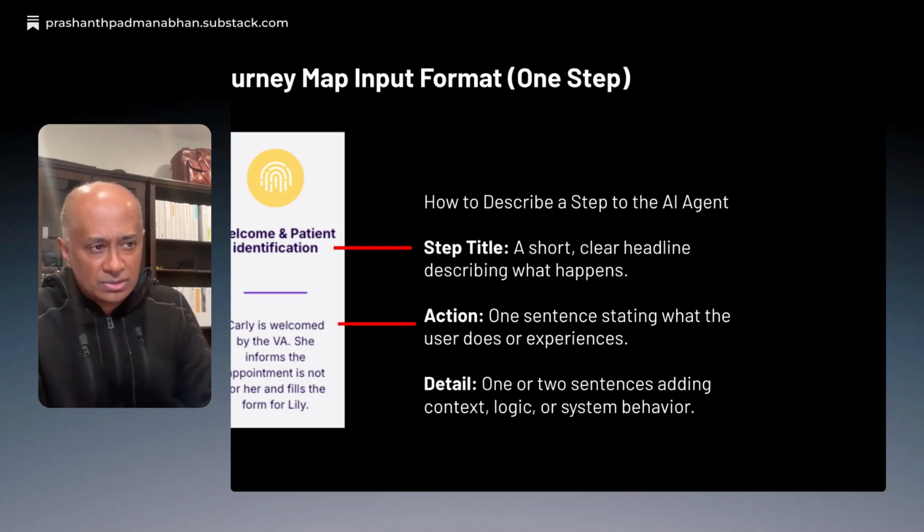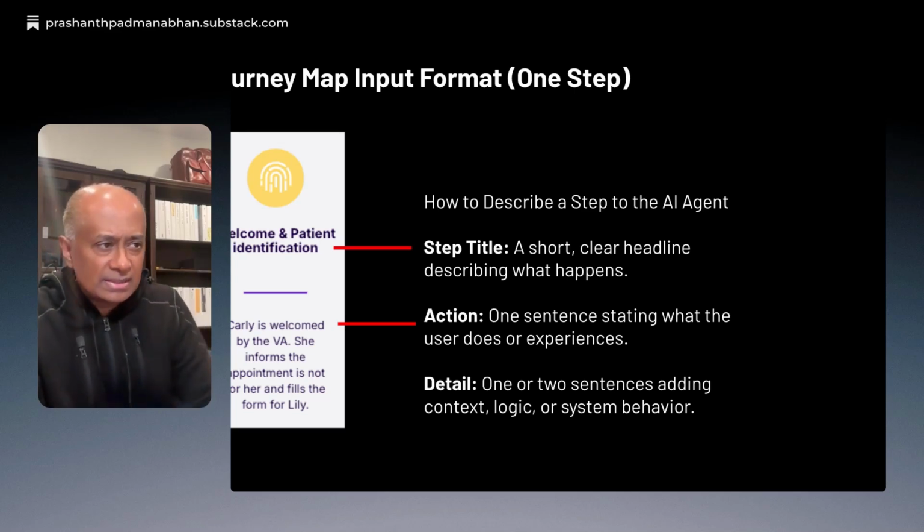an appointment creation journey for a patient, and then the action is the patient, Carly, is welcomed by the virtual, say, agent or virtual assistant. She informs the, and Carly informs that the appointment is not for her, and fills the form for her daughter Lily. Things like that.